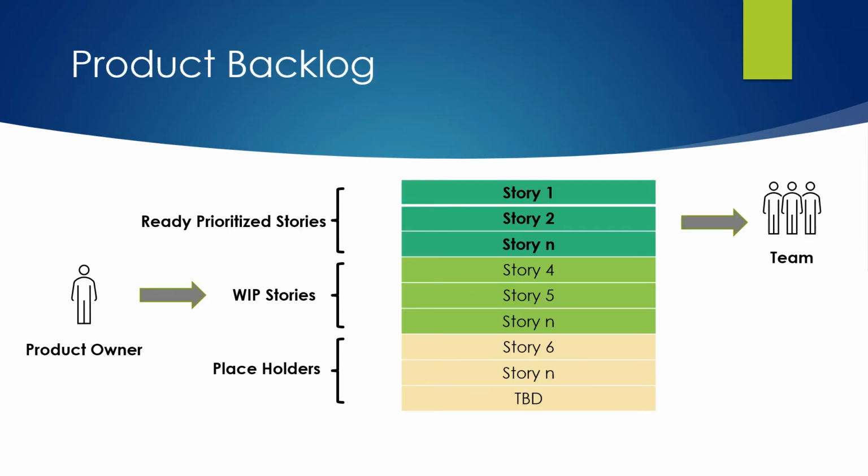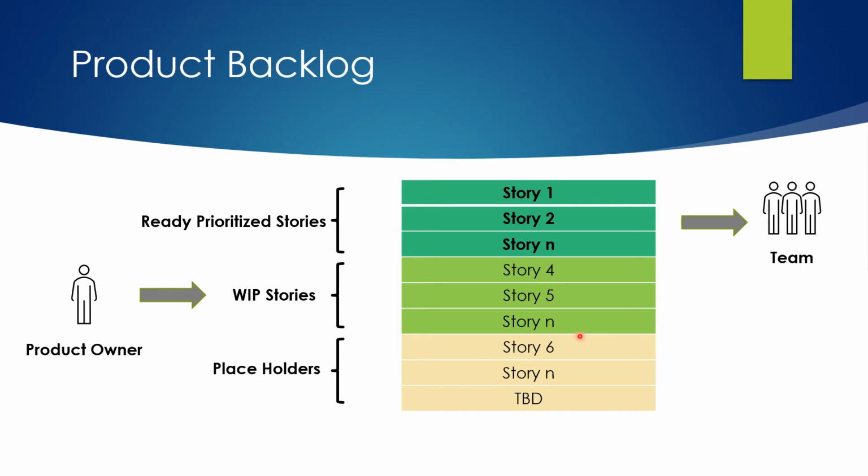Now this is a pictorial representation of what we have discussed. We have a product owner, and his sole responsibility is to manage the backlog. There are 3 sections shown in the diagram. We have a green section which represents the ready and prioritized user stories. These are the stories which have been clearly defined, and which have been prioritized by the product owner.